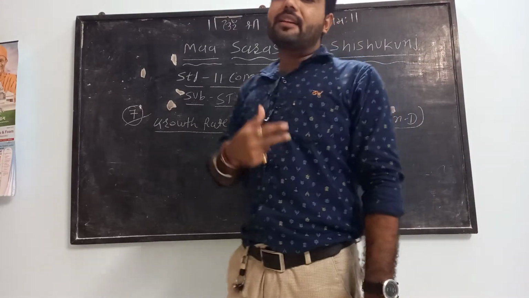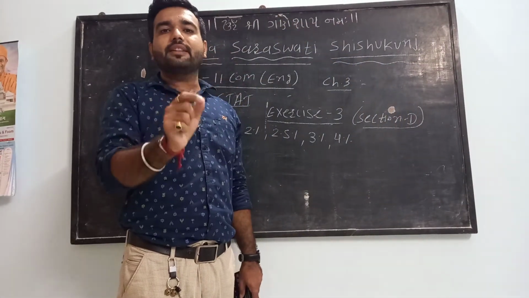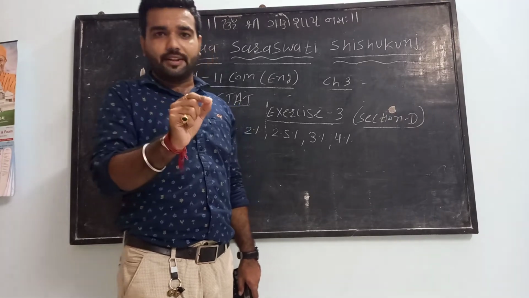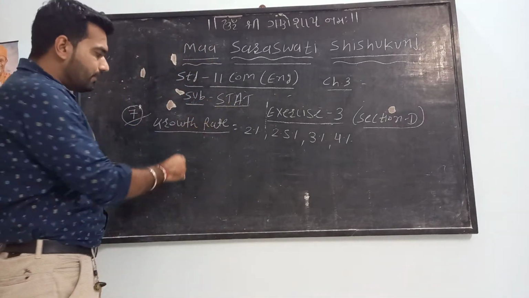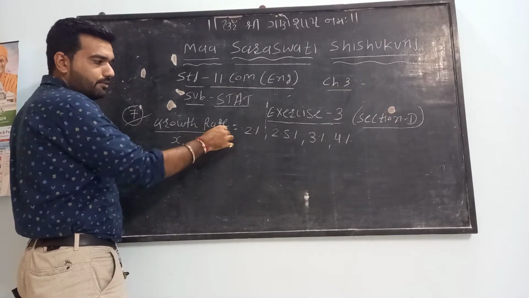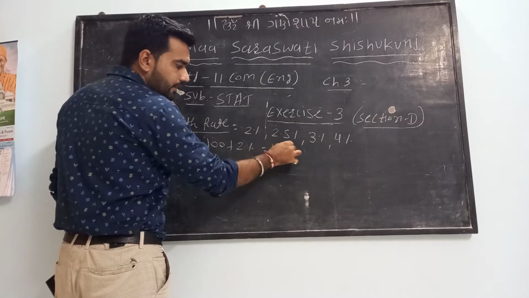As we discussed earlier, when the word increase is there, we add 100 to the given information. So our observation x1 is equal to 100 plus 2%, which is 102.